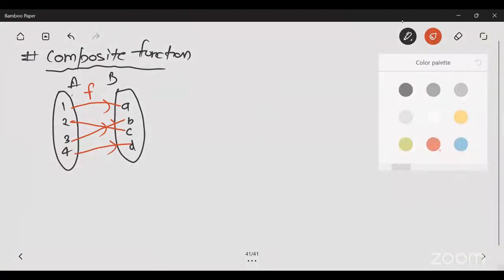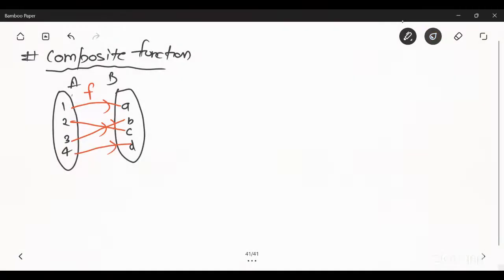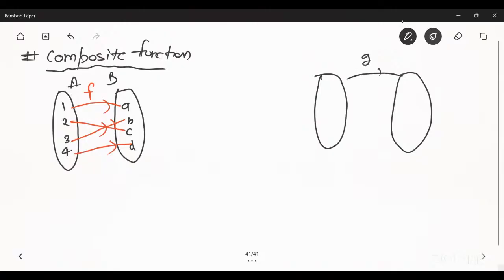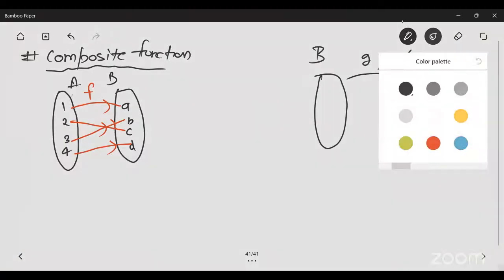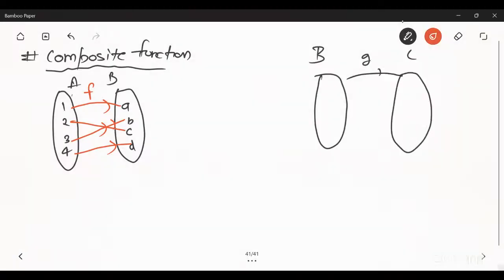And the second function G is from B to C, where we have elements A, B, C, D, and alpha, beta, gamma, delta.